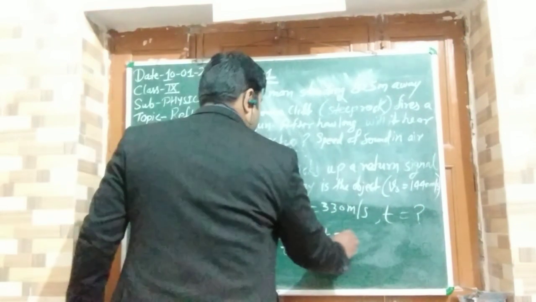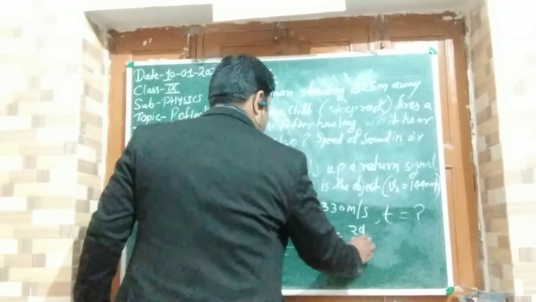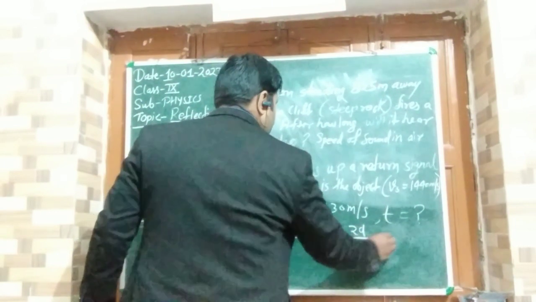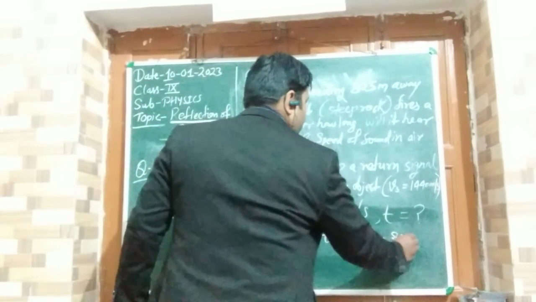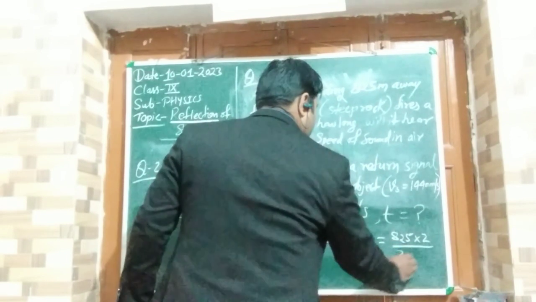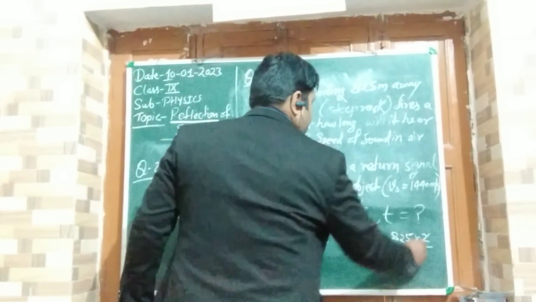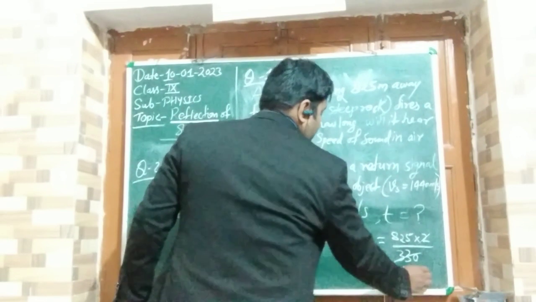t is equal to 2d upon v, and the distance is 825 into 2 upon the speed, here 330. We cancel out: 1 2, 2 6 12, and 2 5 10.